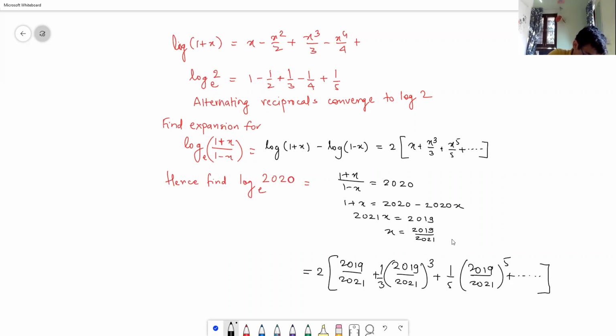That is how it is. Your calculator will use this formula to find out logarithm.